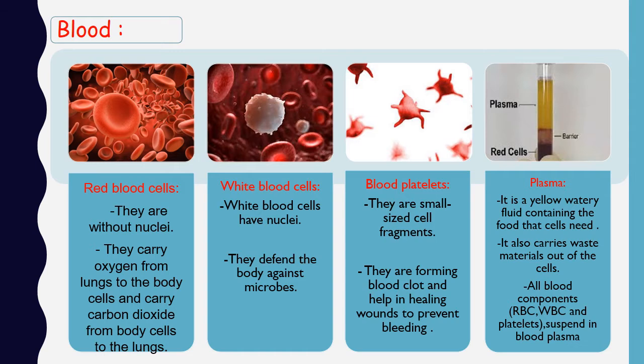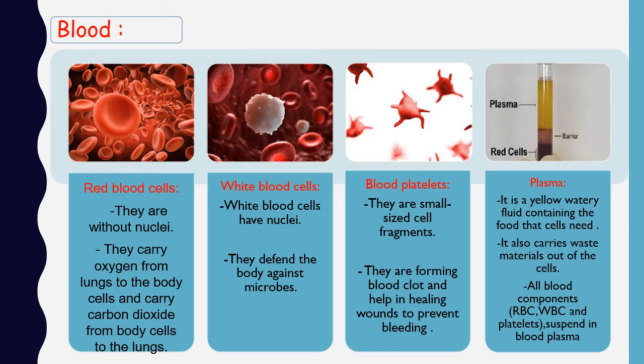Also, the most important component inside this blood is plasma, and plasma is a fluid or liquid. What's the plasma? As you see in this image, it's a yellow watery fluid containing the food that cells need. That means, Miss Rasha, red blood cells carry oxygen and carbon dioxide, and plasma carries the digested food and waste.